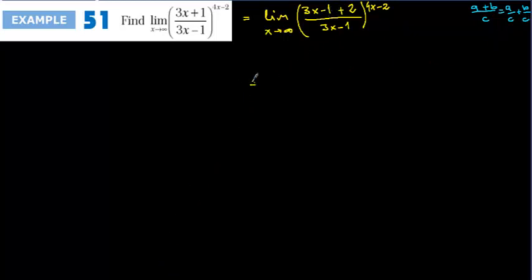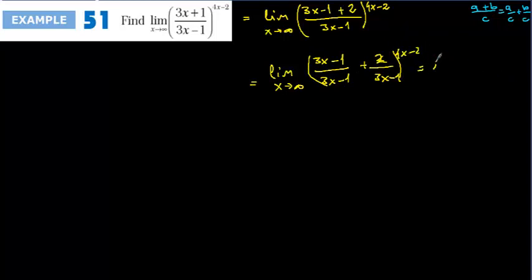It's going to be equal to limit x tends to infinity, 3x minus 1 over 3x minus 1 plus, I separate the expressions a over c plus b over c, so 2 over 3x minus 1 is going to be the answer, to the power of 4x minus 2, and that's equal to limit x tends to infinity 1 plus 2 over 3x minus 1 to the power of 4x minus 2.